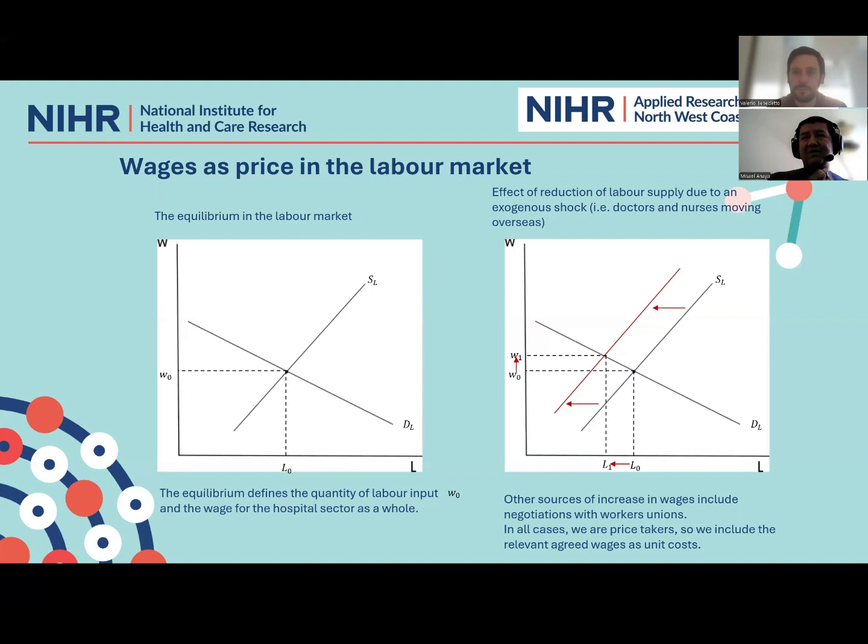Another example of increasing salaries is unions. Physician or nurse unions negotiating with the government for higher pay. But in any case, we are price takers. So we are not influencing the level of salaries in the market. We take the salaries that are agreed in the market, and from that we estimate our unit cost.